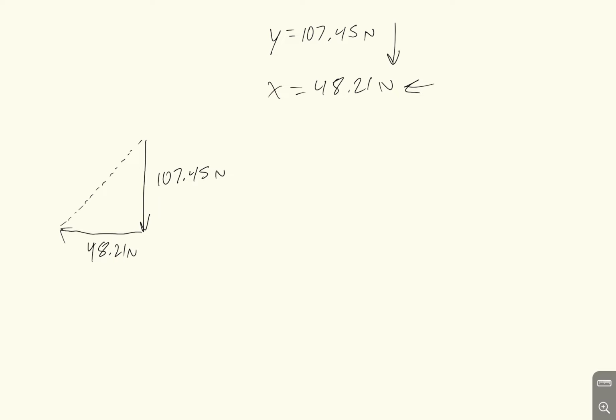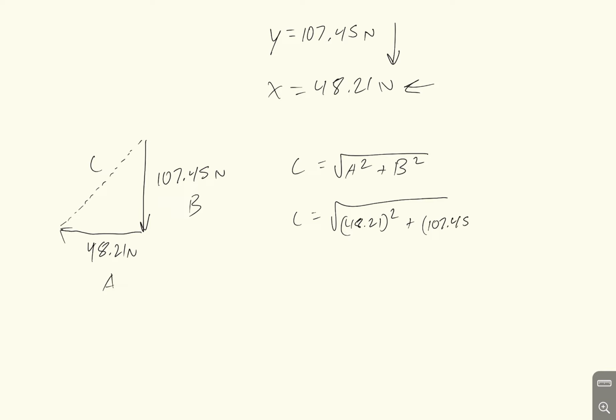And so we remember Pythagoras' theorem. We can go A, B, and C. So C is equal to the square root of A squared plus B squared. C is equal to the square root of 48.21 squared plus 107.45 squared.